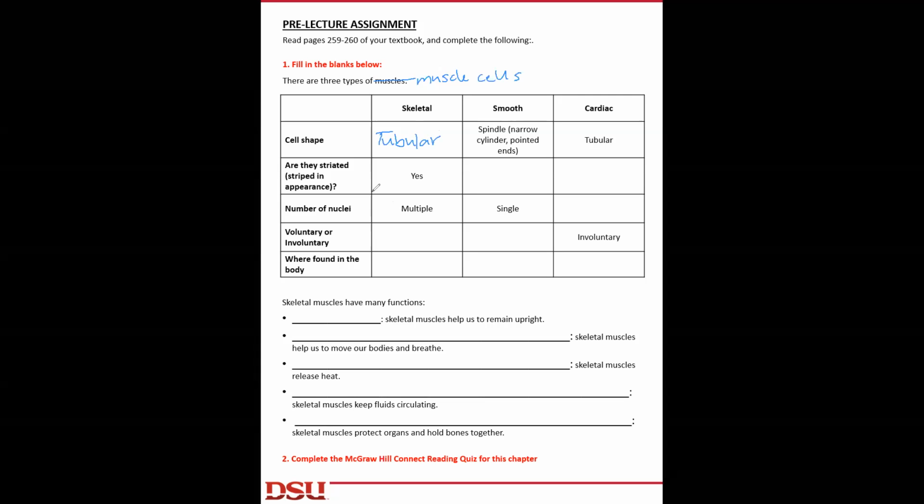Skeletal muscle is distinct because of its striations, or stripes. Skeletal muscle also has multiple nuclei along the cell. This muscle is voluntary, meaning we control that movement. And its attachment is found along the skeleton. So where you find it in the body, muscles attached to the skeleton.